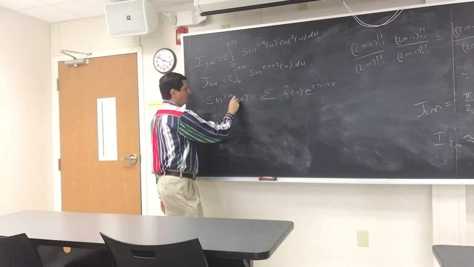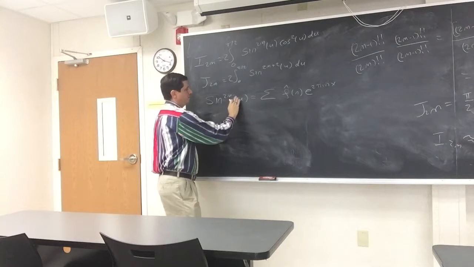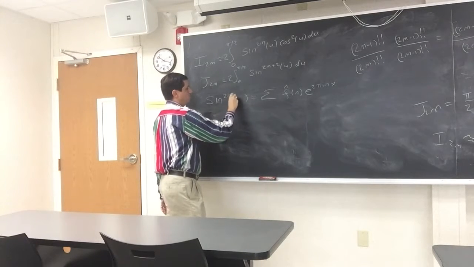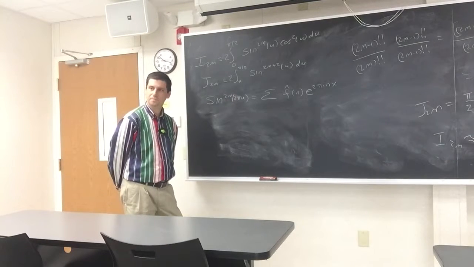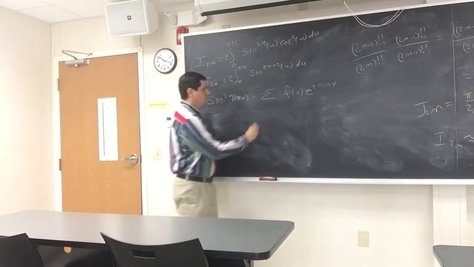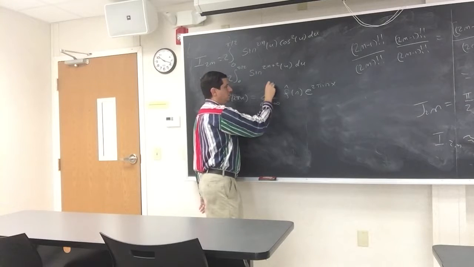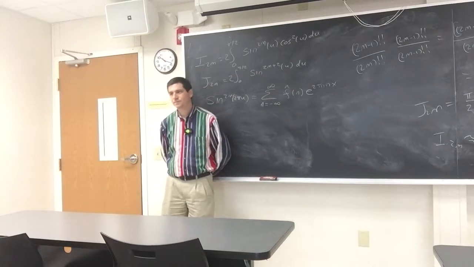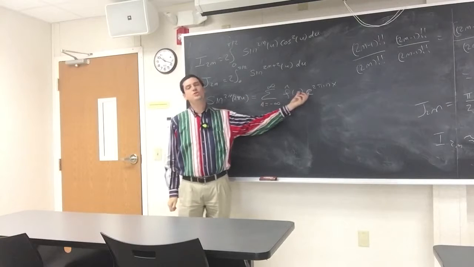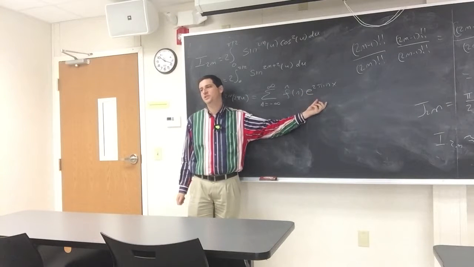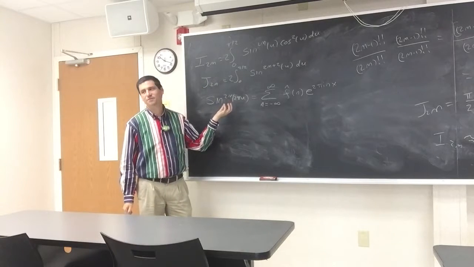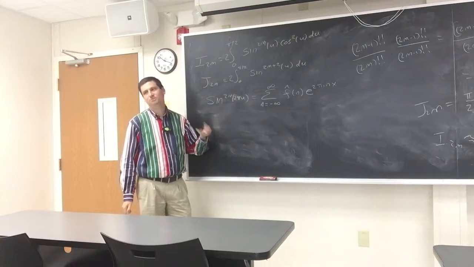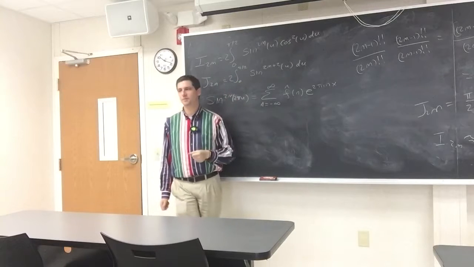Well, so here, I'll change things here, and I'll put in a 2 pi over here. Why do you put the 2 pi in? Well, because when we're doing things with the Fourier series, we always did things that were periodic on [0, 1]. So rather than looking at sine of u, I'm going to look at sine of 2 pi u. So change of variable, not a big deal.